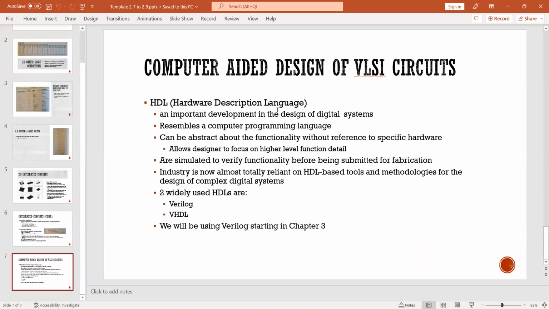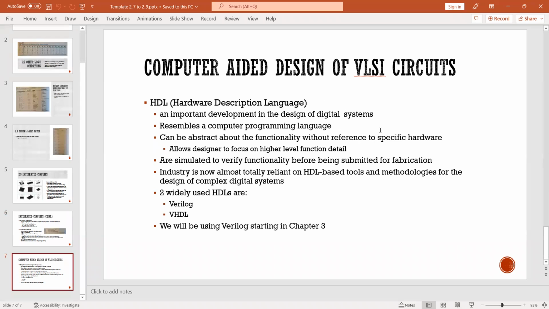This has been an important development in the design of digital circuits, especially for the very large ones. It resembles a computer programming language versus looking at gates. The nice thing about this is that your engineers can be designing using more abstract functionality rather than thinking about what specific hardware they need.